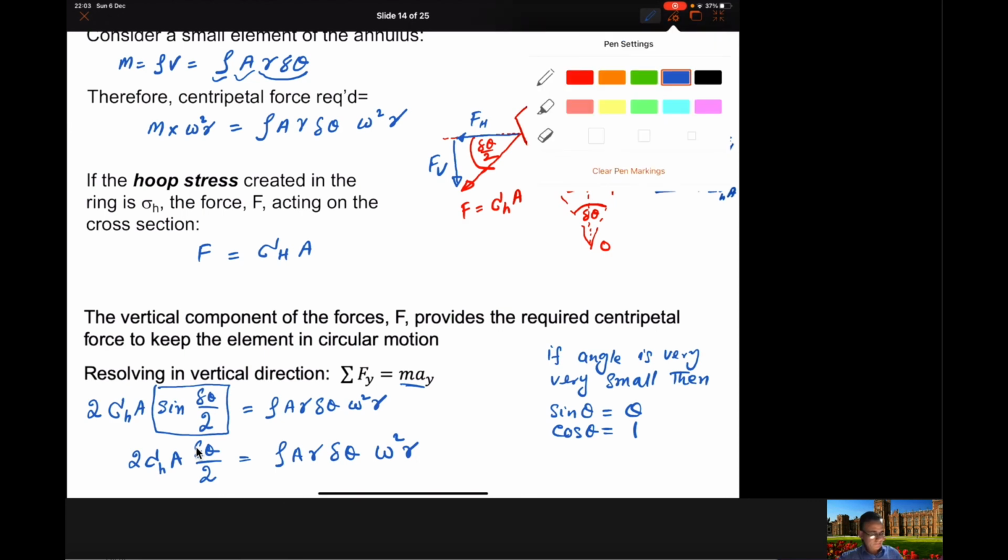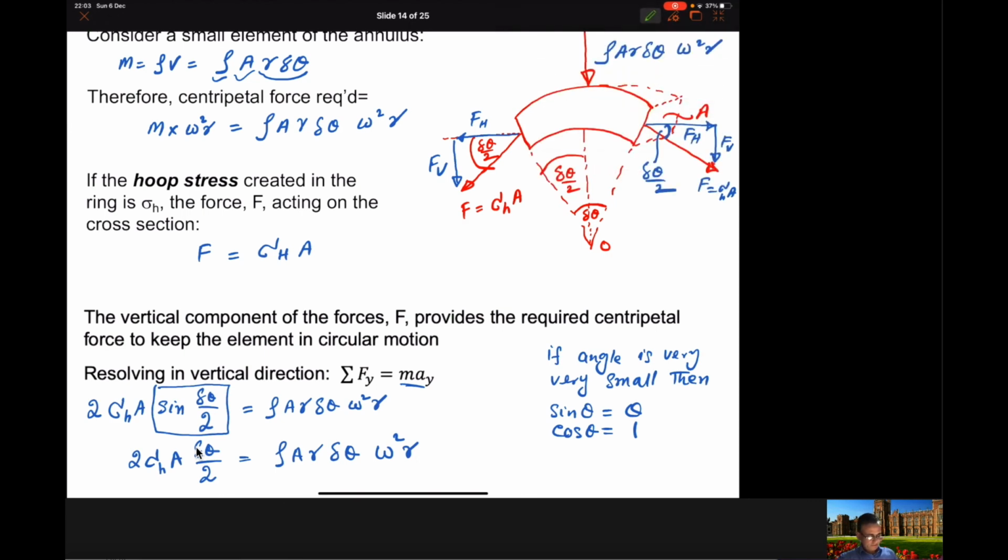Now as you can see in this equation, we have 2 here and 2 here, so these cancel with each other. We have cross section area on this side and on this side, which we can cancel. Again we have delta theta here and delta theta here, which we can cancel.